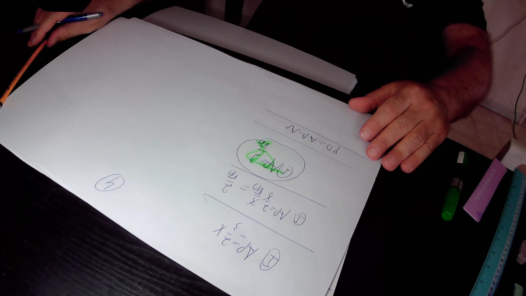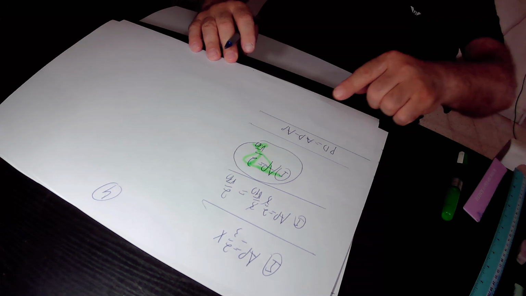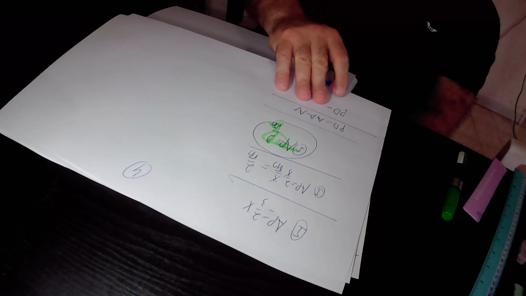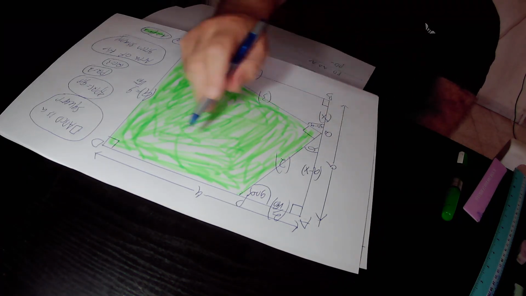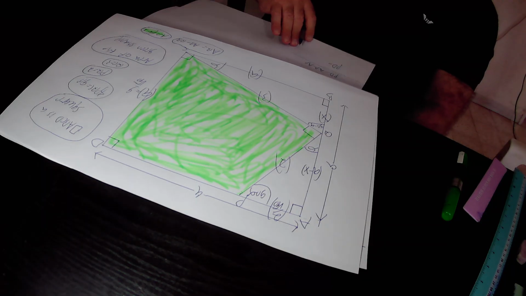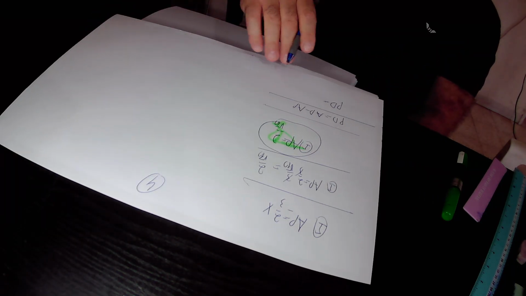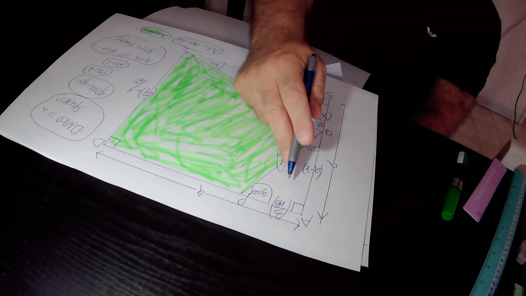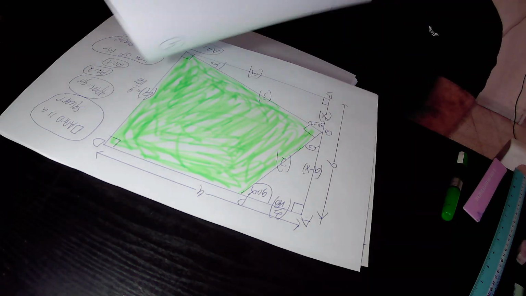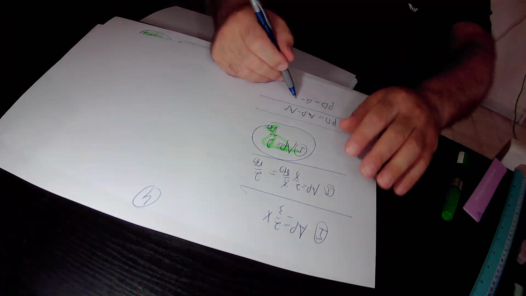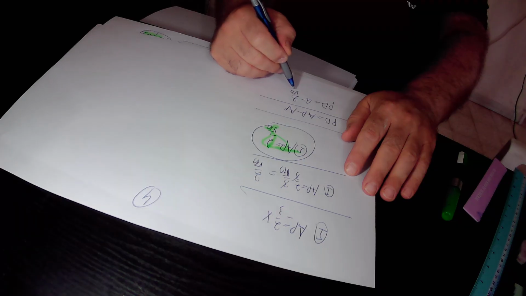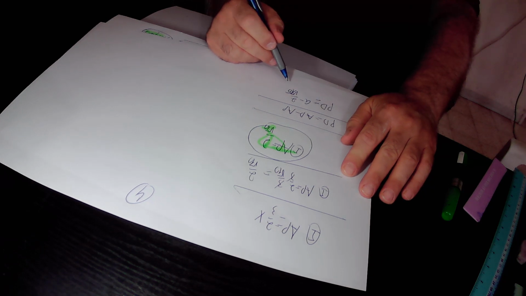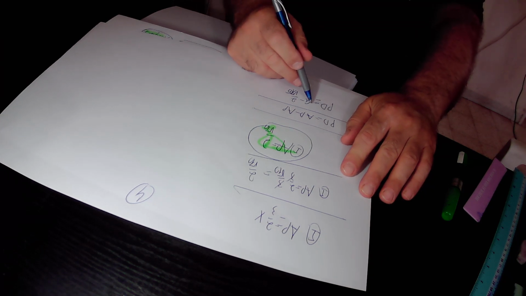AD is a, minus AP. AP is 2 over square root of 10 units in its length. So in total, we found out that PD equals a minus 2 over square root of 10 units.